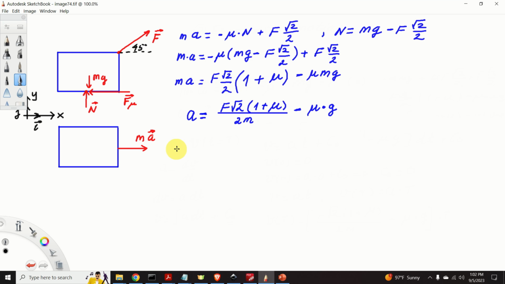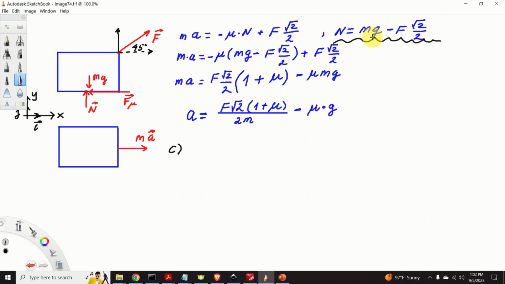Next, we need to solve the problem C. That is, we need to compute the minimum value of the force F that will lift this box. Let's analyze this case. What's happening? F is acting in this direction. F has two components, horizontal, and it has a vertical component. This vertical component is actually the component computed over here.